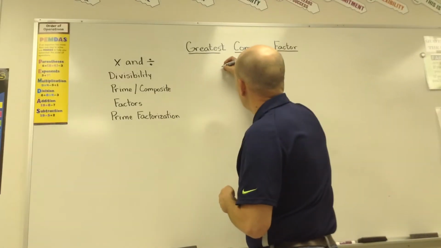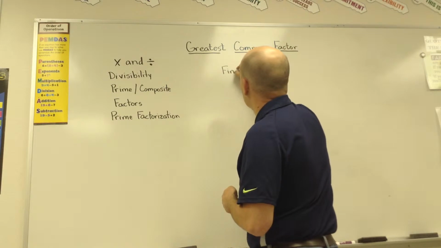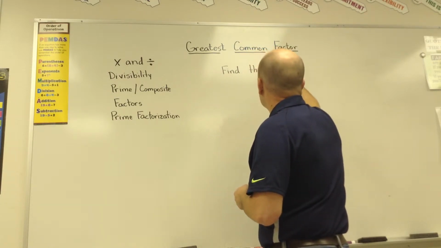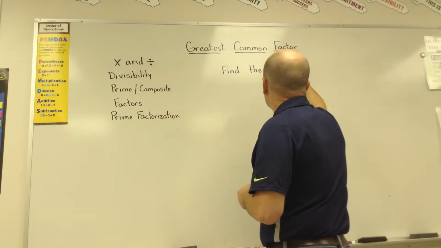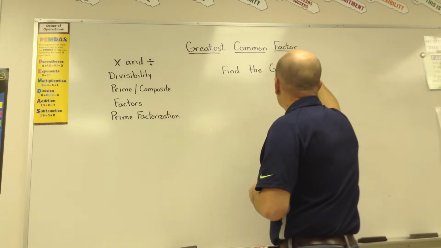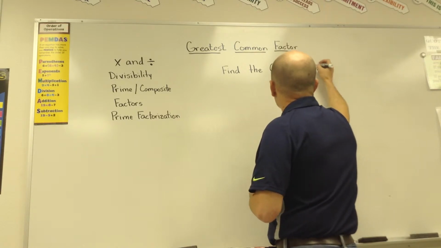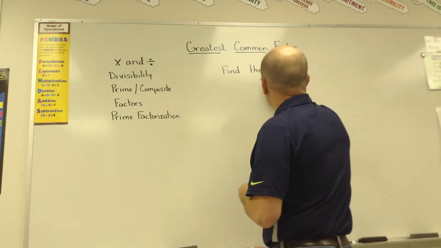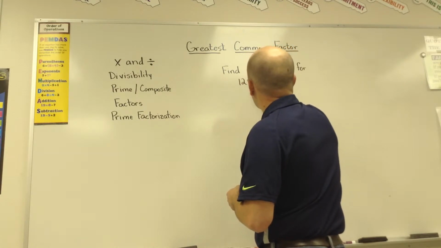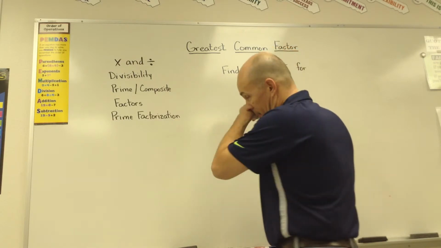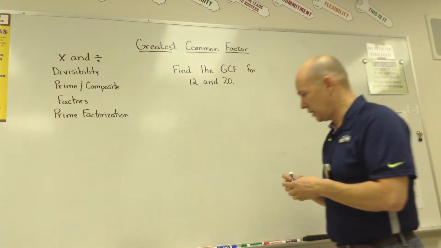Let's say that I ask you to find the greatest common factor for 12 and 20. All right. That's what I'm asking you to do.